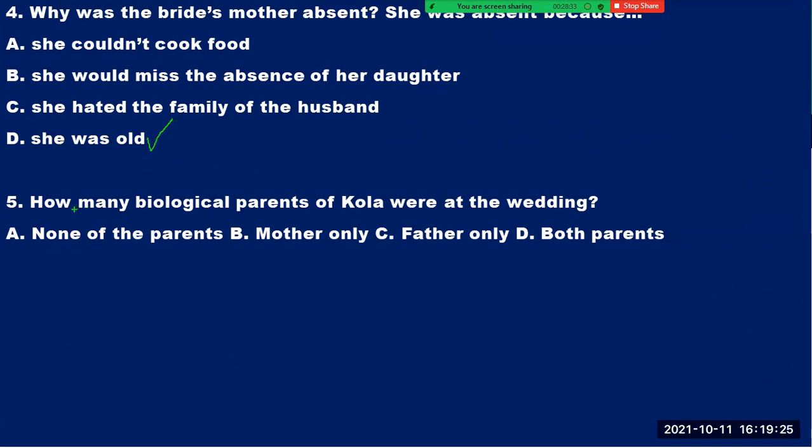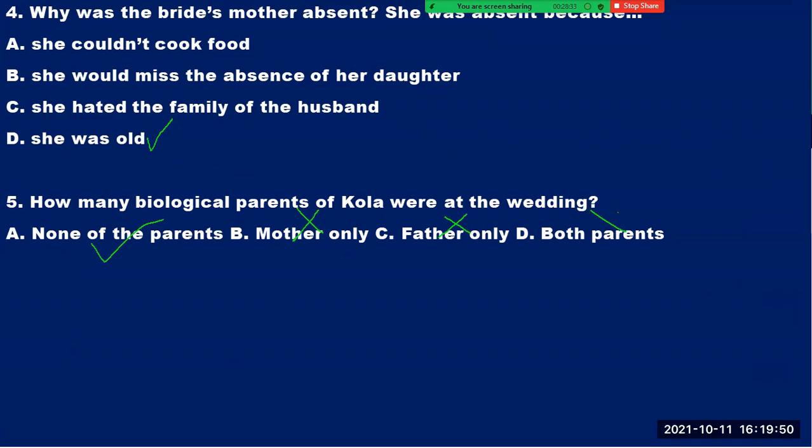All right, so question number 5, how many biological parents of Kola were at the wedding? Of course, we have gone through, we saw that the father didn't attend, the mother didn't attend. So the answer is none of the parents, all right? The mother wasn't there, so we eliminate this. The father wasn't there, so we eliminate this.